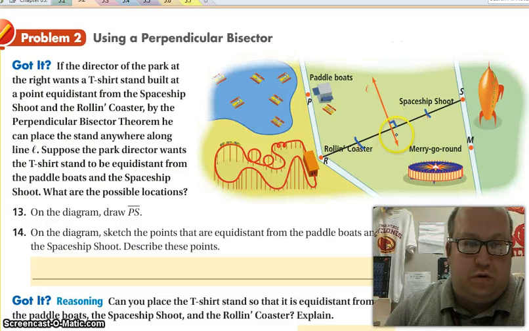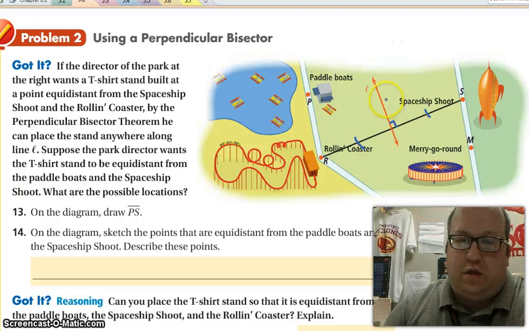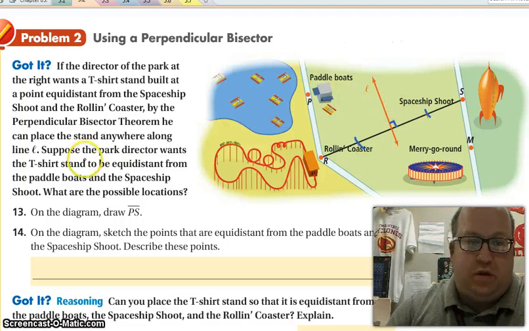So, well, where could it be? Oh, I'm sorry. I'm going to have to back that up. The park director wants the t-shirt stand to be equidistant from the paddle boats and the spaceship chute.